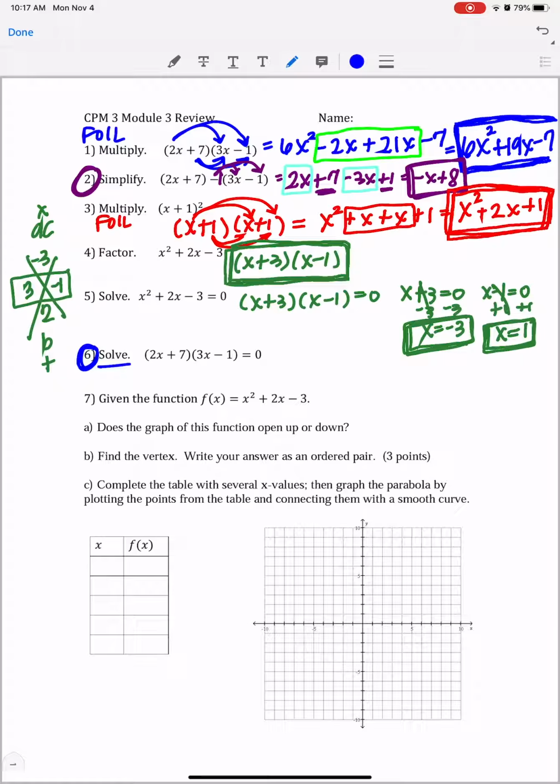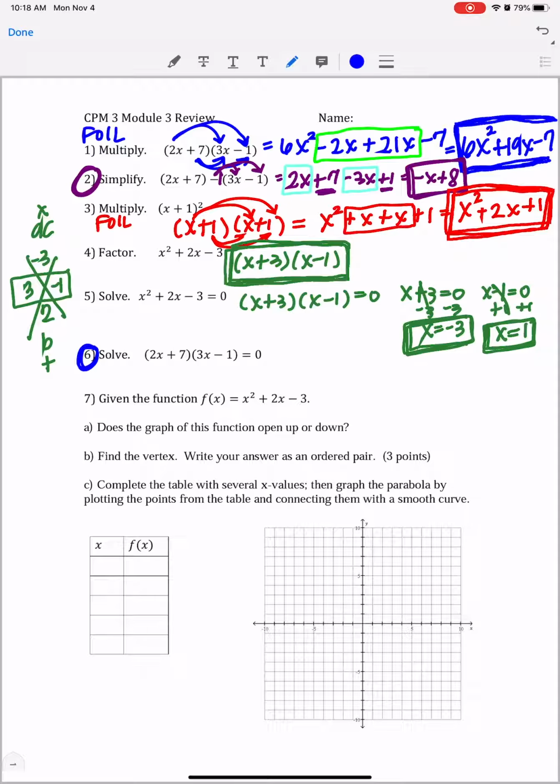This one says to solve, and more times than not, you will see this parenthesis next to parenthesis again and start FOILing your little hearts away. When it says to solve, you need to do this right here. It's already in factored form, so simply split it up. They've done the hard part for you. So don't FOIL it back together. That does me no good to solve this problem. Since this is already in factored form, just split it up to get your two answers.